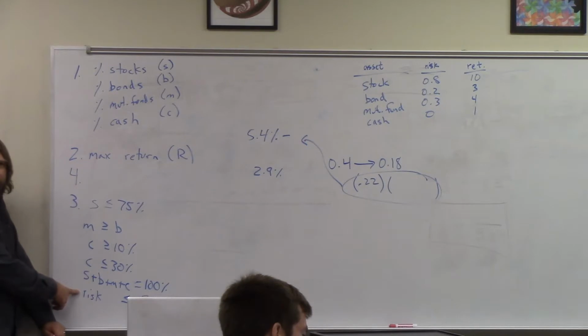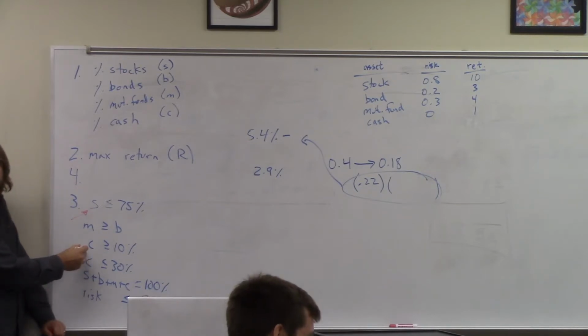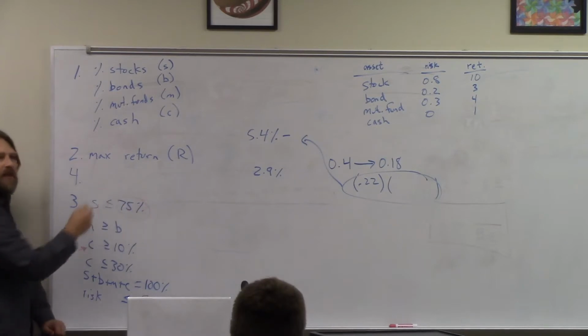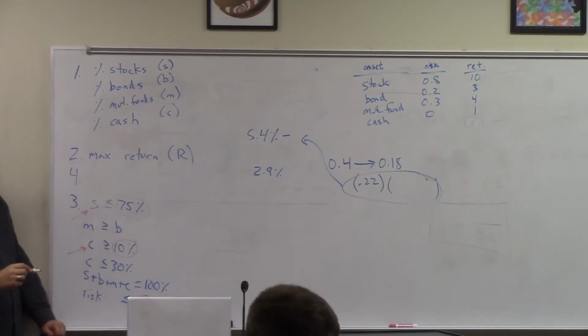The risk is not a binding constraint. Instead, do you guys remember what the binding constraints are for this particular investor? This one, the stocks, and the minimum cash requirement here. So they specifically ask, what if we change this to a higher value, or what if we change this to a lower value? Which would that investor prefer?